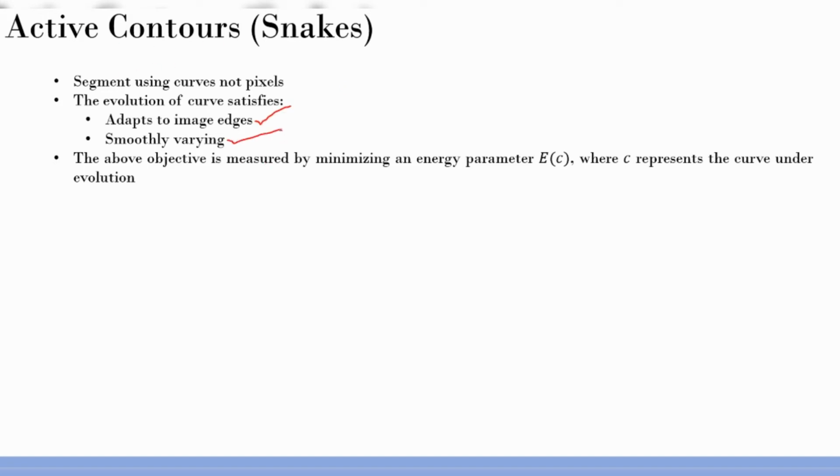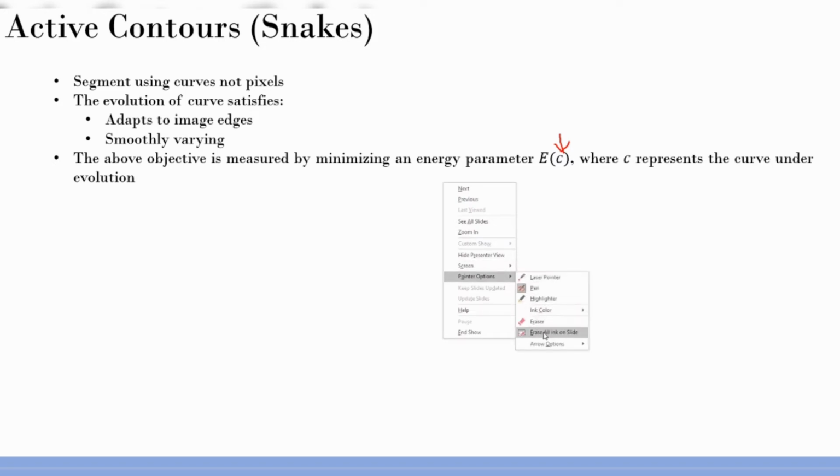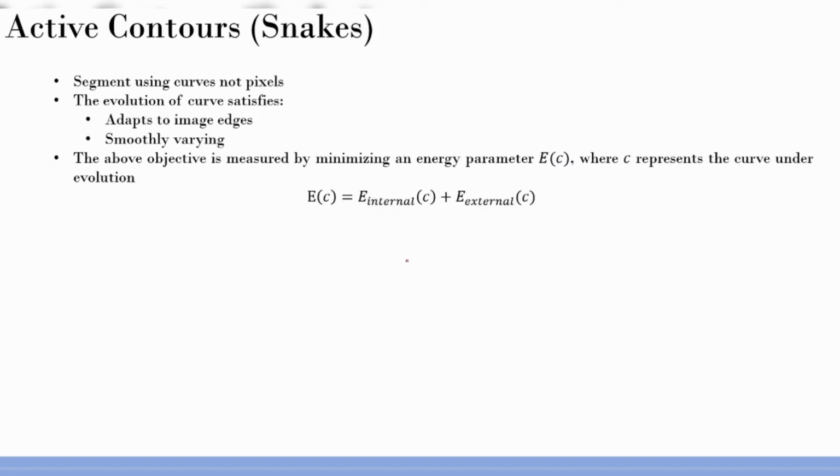It has to be very smooth. This is parameterized by something known as the energy of the curve. And again, when I say curve, always think that we are talking about a plane, an image. So this C value or the curve value will depend on the X and Y coordinates. Always think in that perspective. So let's define that.